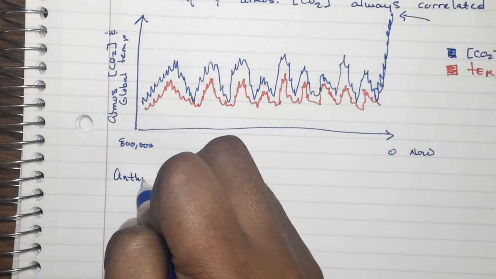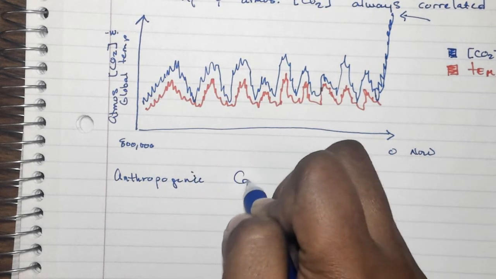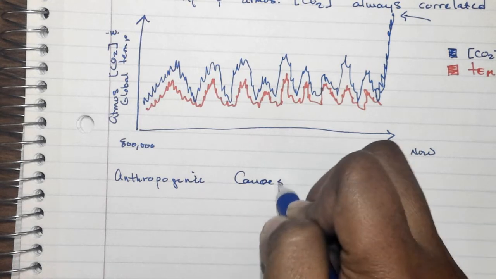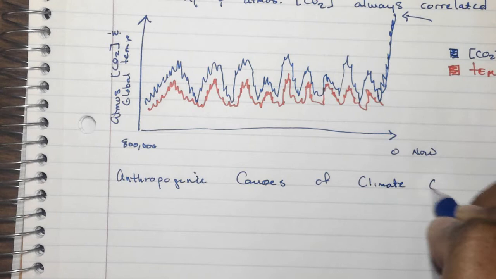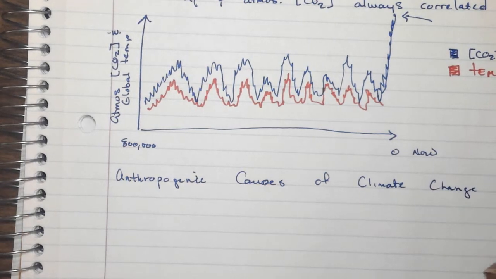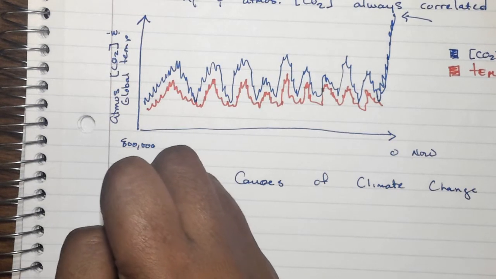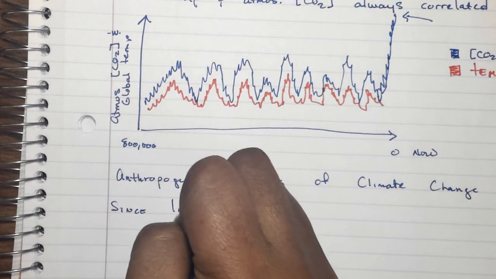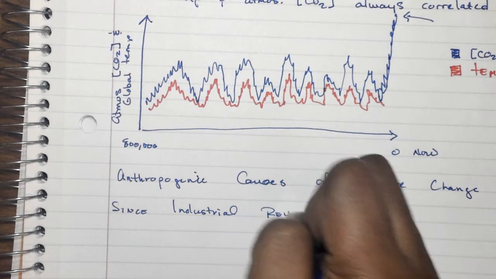So, anthropogenic causes of climate change. All right, so I'm going to start with the one that we know about the most. So since the Industrial Revolution, what have we done? We've done a lot of what?